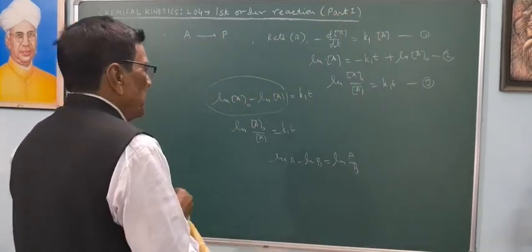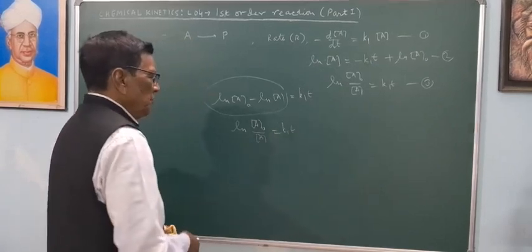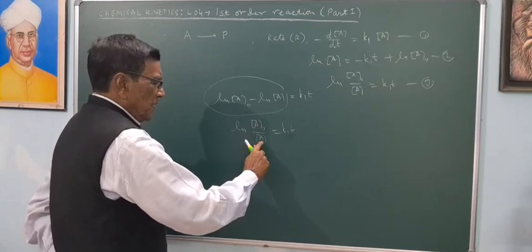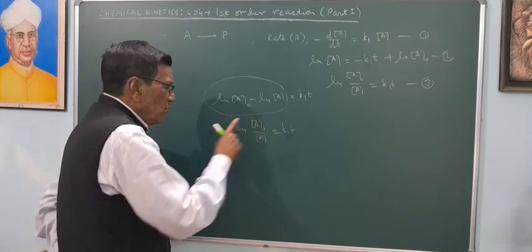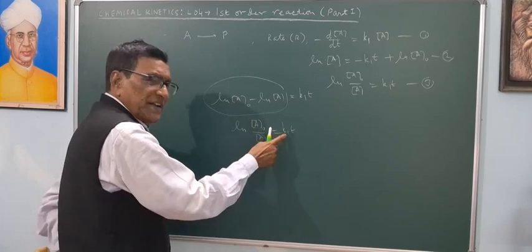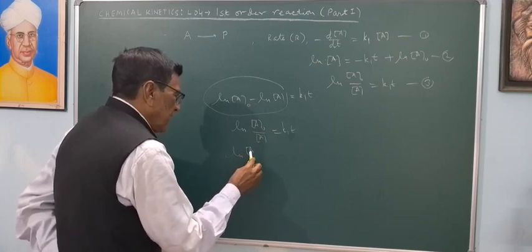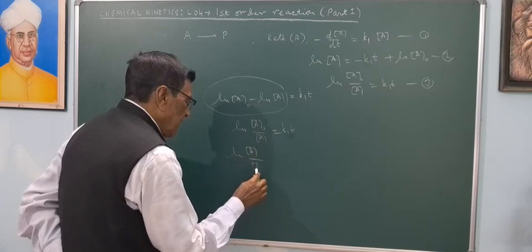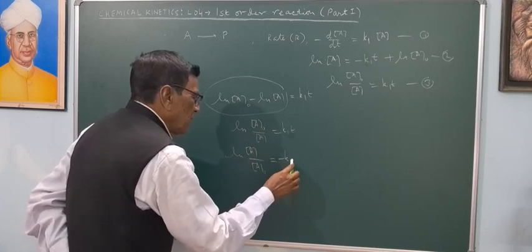Now if we change the denominator to the numerator and the numerator to the denominator, then it will be a minus sign here, and this minus can go here. So it could be written as ln A divided by A naught equal to minus K1T.